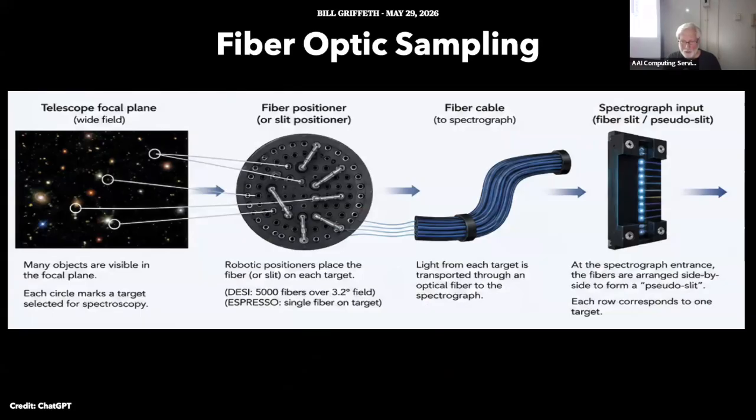In fiber optic sampling, one or more optical fibers are positioned to receive the focused light from particular objects in the field of view. The optical fibers are bundled into a cable that then goes to a pseudo-slit termination in a spectrograph.